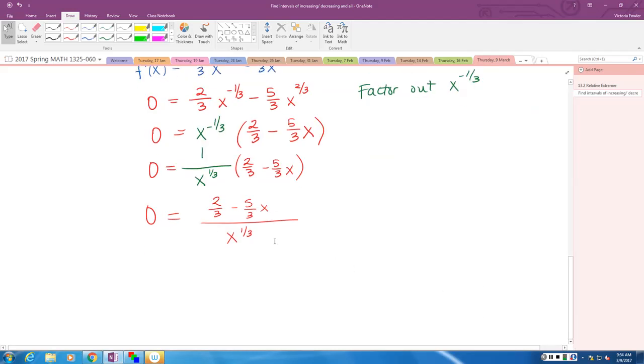And so what can't you have? You can't have a 0 in the denominator. So I say, first I notice that f prime of x, the derivative we've written, does not exist when the denominator, which is x to the 1/3, equals 0, right?